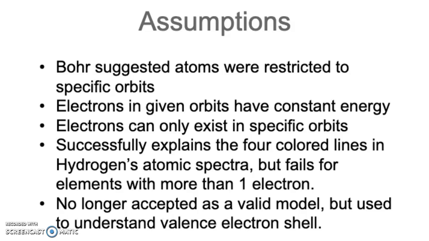We know that he developed a lot of important science when it comes to understanding the electron, but this wasn't true for anything beyond hydrogen, and it's no longer accepted as a valid model, but it's used to understand different orbitals and the valence electron shell.